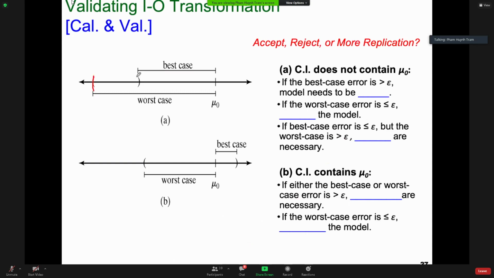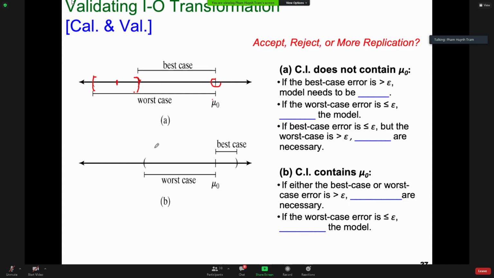All right, so 95% the average output from our simulation model will range from here. Follow me. This is the mean of the average, this is the average minus the half width, and this is the average plus the half width. Now, the true value from our system in the first scenario falls outside our 95% confidence interval. It is here, so it is outside the confidence interval.